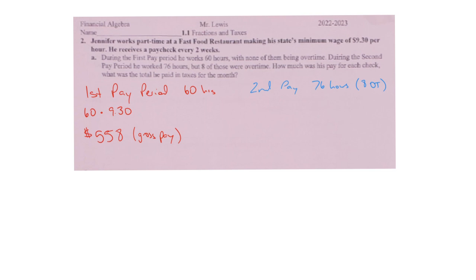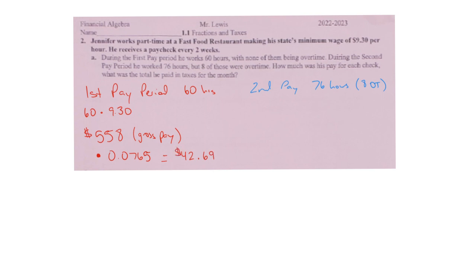So to find out what he has to pay in taxes for this first pay, we're going to multiply that by 0.0765, because it did not tell us to differentiate between Social Security and Medicare, so I'm going to do it all together. So I'm going to do 558 times 0.0765. So he's going to get $42.69 in deductions.